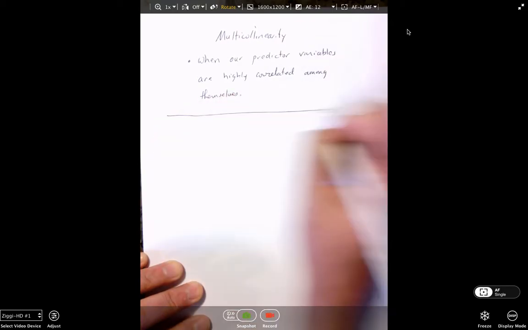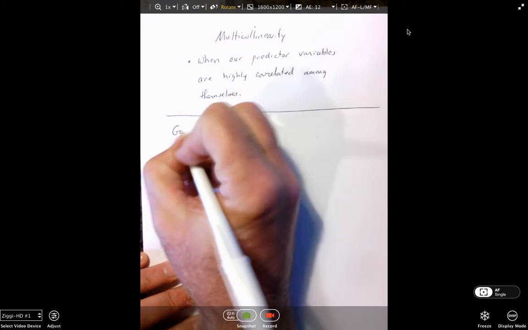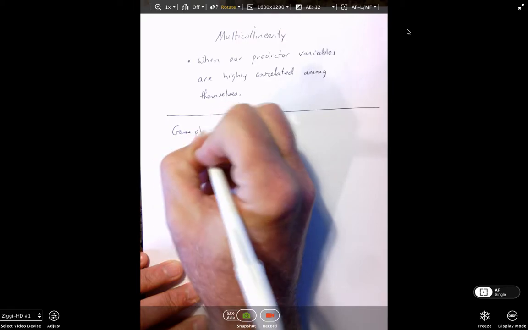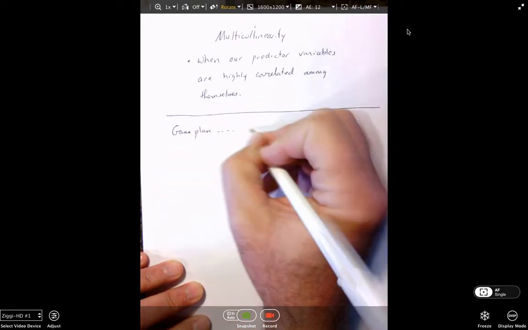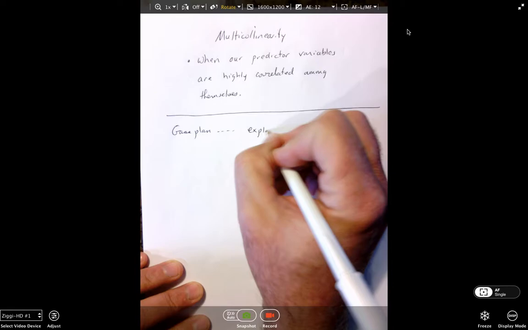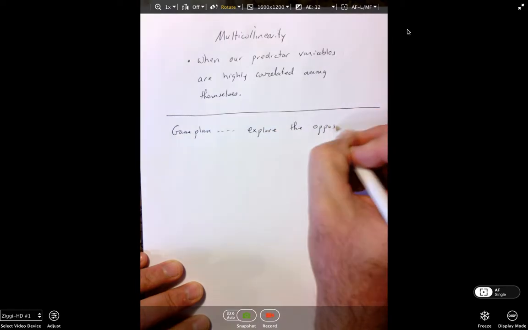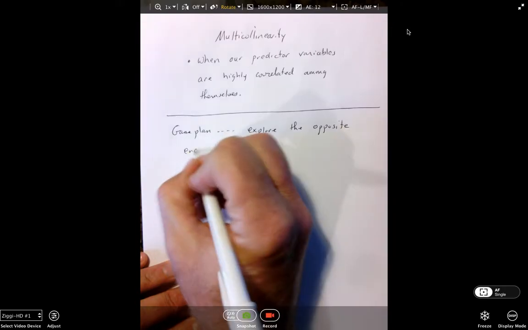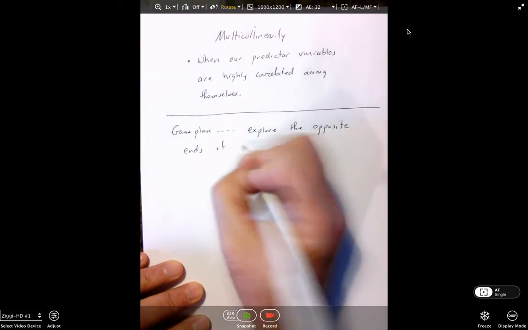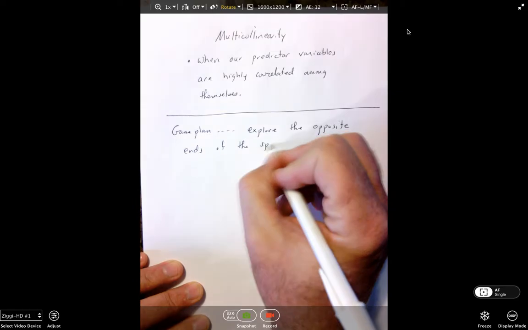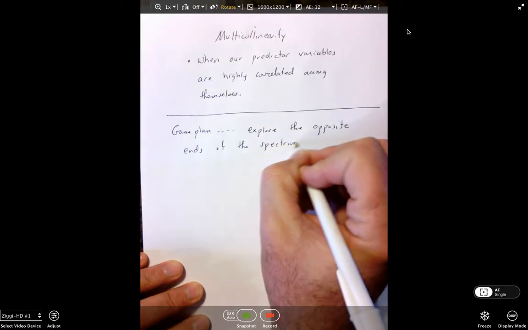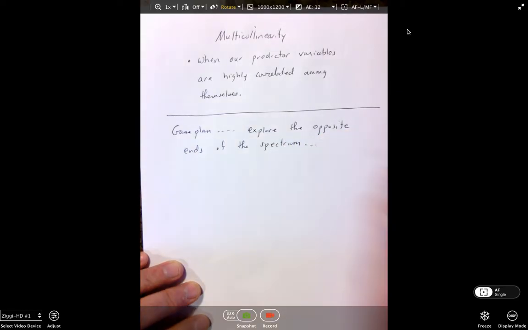Now, the game plan here is I want to explore the opposite ends of the spectrum. And the spectrum that I'm talking about is the spectrum of correlation.